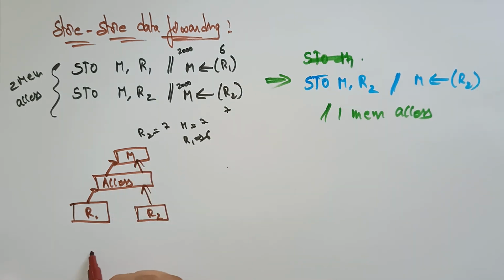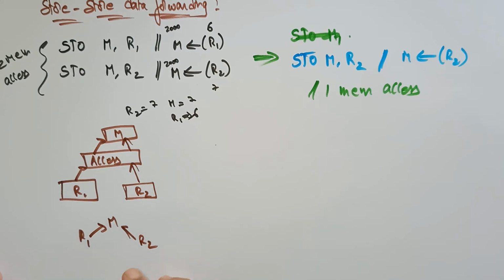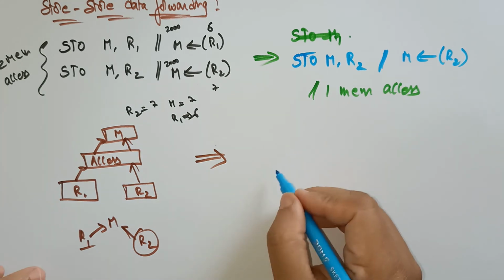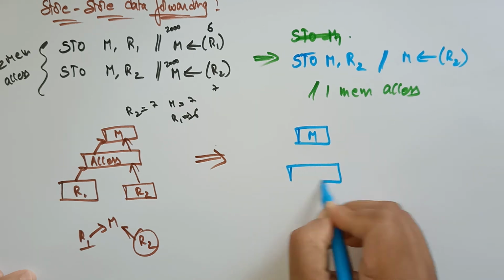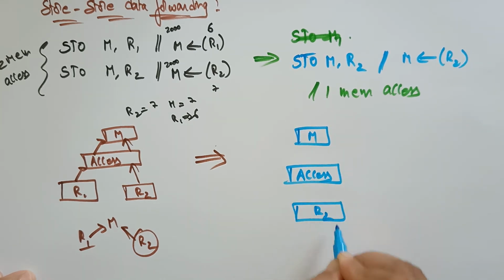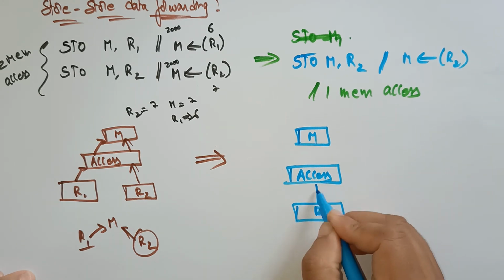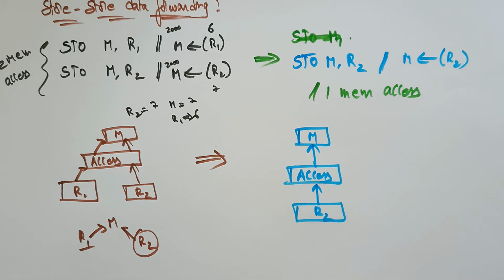So R1 sends data to memory and R2 also sends the data to the memory, so this data will be replaced by R2. This will be converted to memory, access unit, R2. So R2 is simply storing the data in the memory. This is what store data forwarding is.